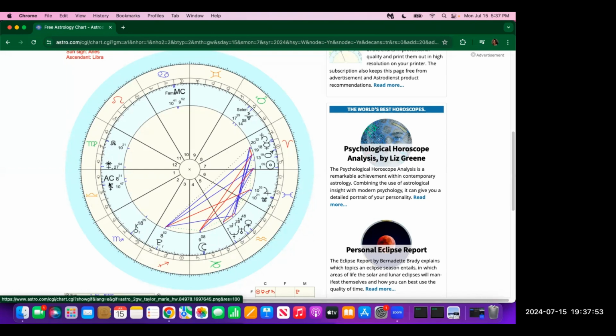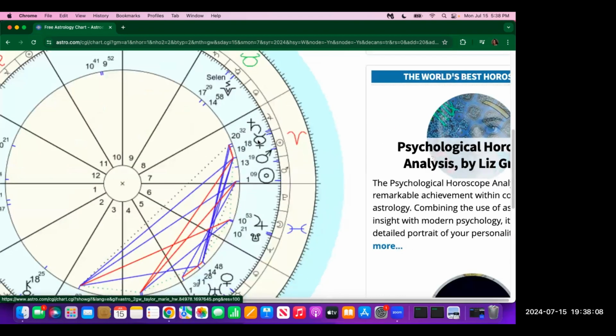That being said, these icons within your chart represent planets, asteroids, and mathematical points. Today, we're going to be focusing on planets only. So for example, you could see in my 7th house here, I have my sun, Mars, Mercury, and Saturn all in my Aries 7th house here.